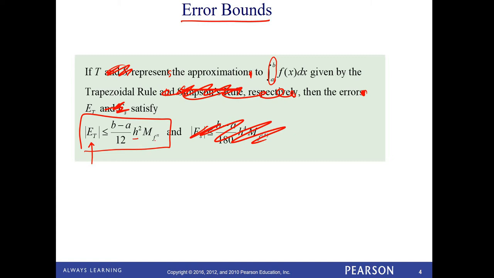Remember, h is the width of each interval. And this means the maximum value of f double prime. And that will give us an approximation for how far off we are.